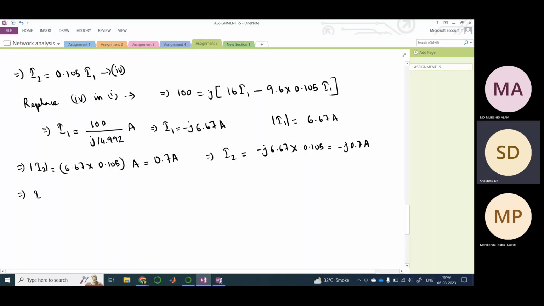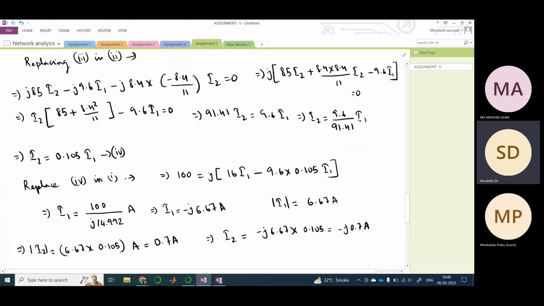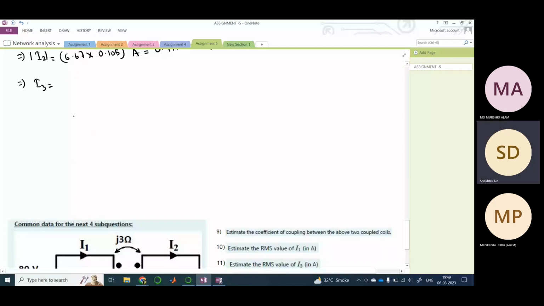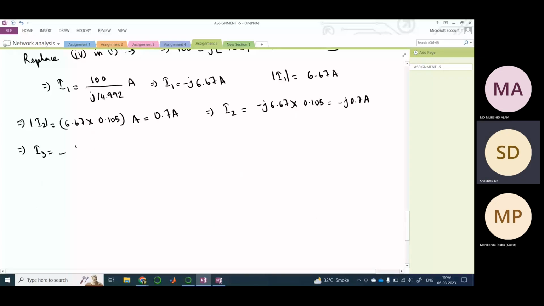And I3 would be what? I3 would be minus 8.4 by 11 into j. Okay, so this is minus, right?